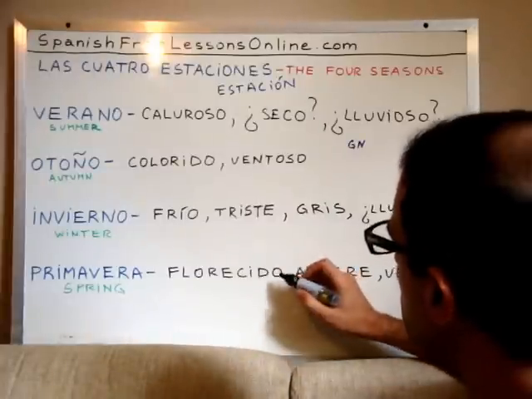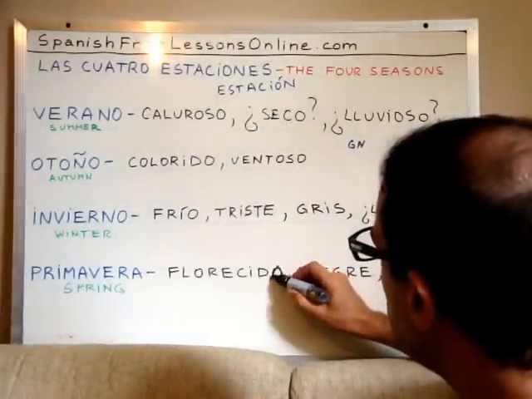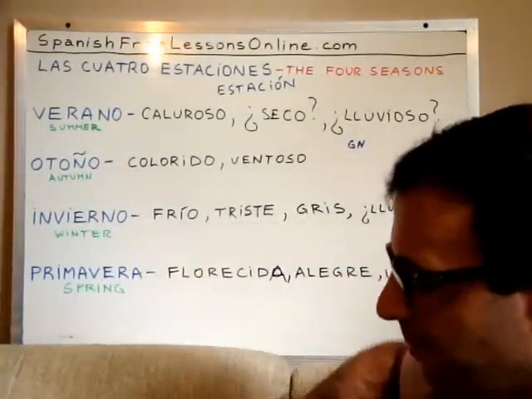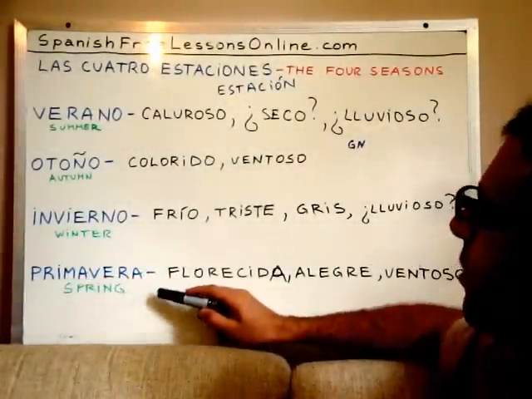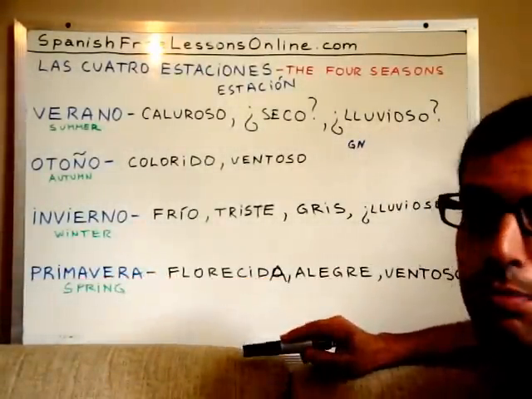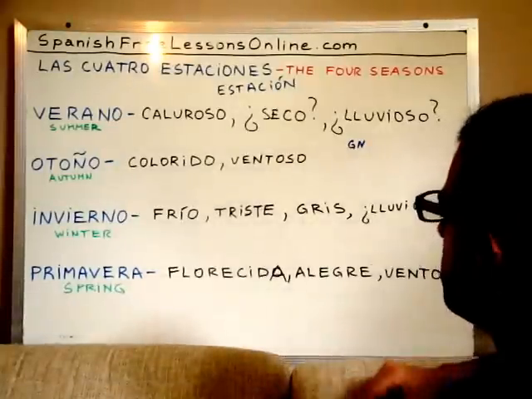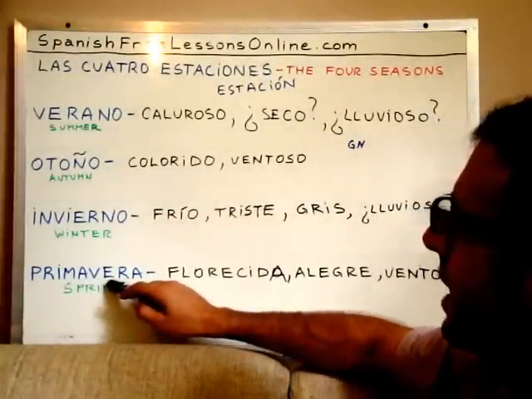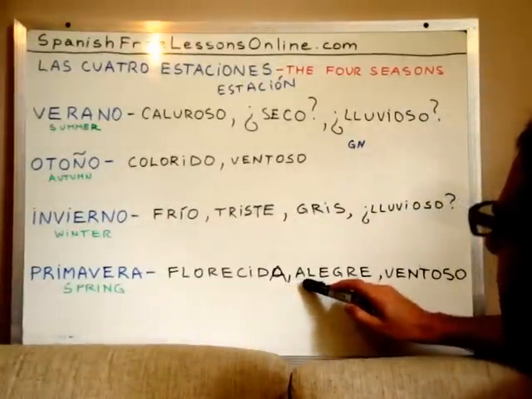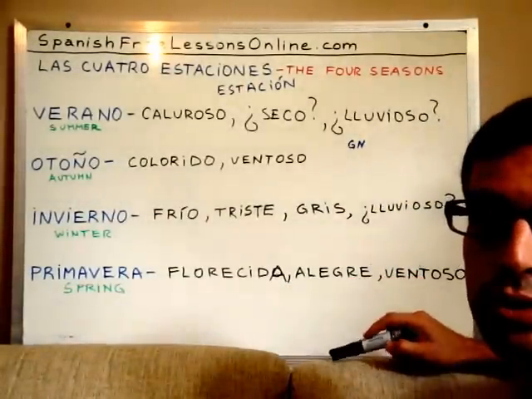So this should be florecida to refer to primavera. We would say, la primavera es florecida. The spring is bloomy. We can also say, la primavera es alegre, happy or joyful.